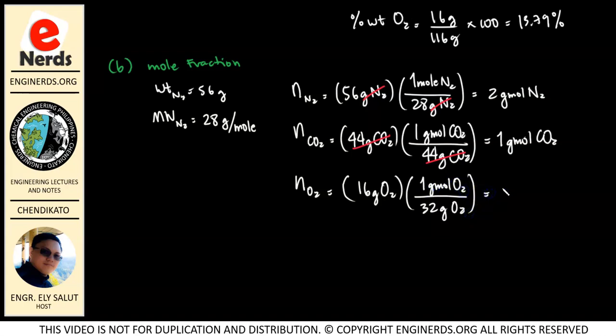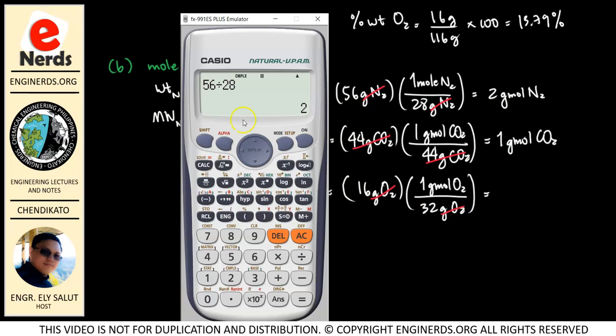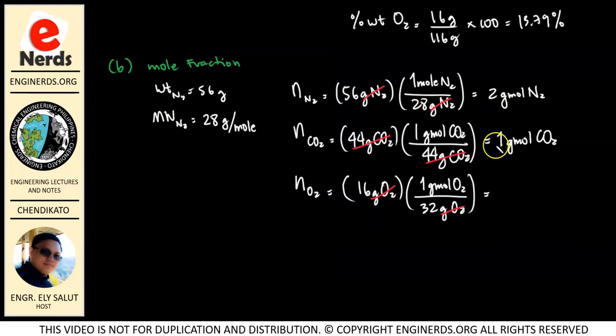Okay? So, our grams of O2 will be cancelled out. So, solve natin yung ating gram moles. So, we have 16 divided by 32. So, we have 0.5 gram mole of O2.